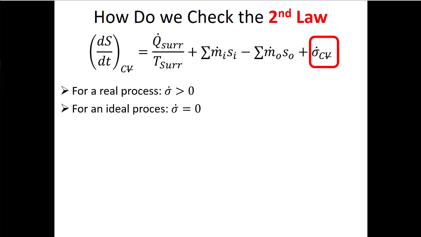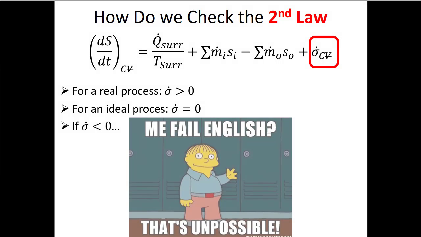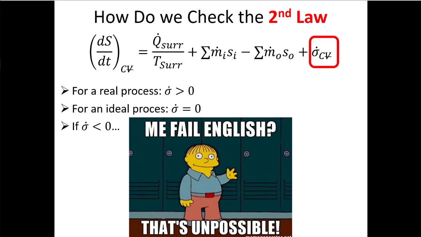This is actually impossible, but it puts the border, the limit, on what the possibilities are. Anytime you get an entropy generation rate less than zero, negative, it either means you made a mistake in the math, or this thing that you're trying to do is not possible, right?